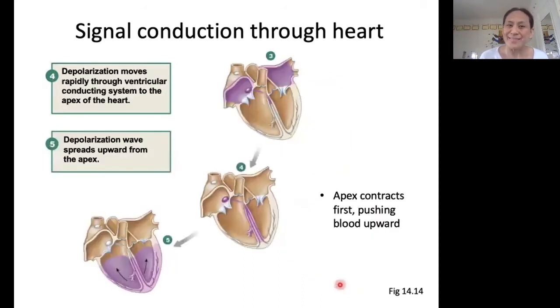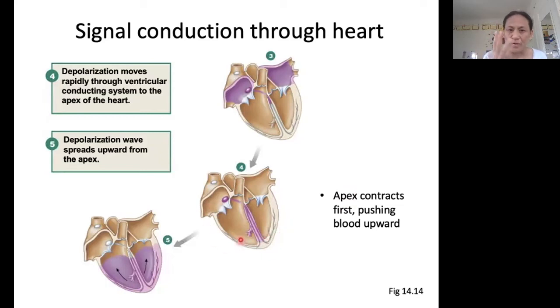All right, next up. Once we have our signal going through the AV node, it's going to go down the middle and then up the sides, okay? And the fact that it goes down the middle and then up the sides kind of allows the bottom, the apex, to contract before the outer walls do.